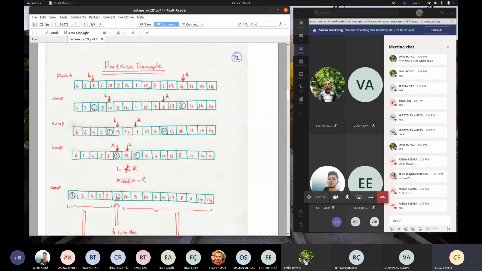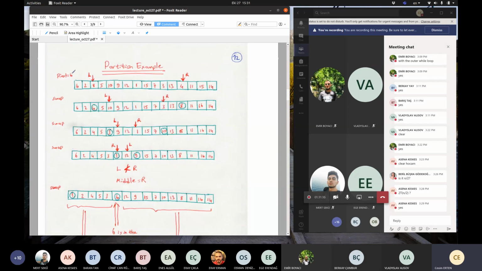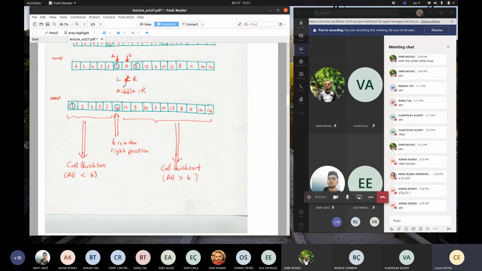The exact middle is, let's say, this position, exactly at index 8. However, when we use the middle index, we don't mean the exact middle. We mean the index of the position where the pivot element belongs. Our pivot in this case is 6, and 6 in this whole array is the 6th smallest element, so this index is 6 as well.